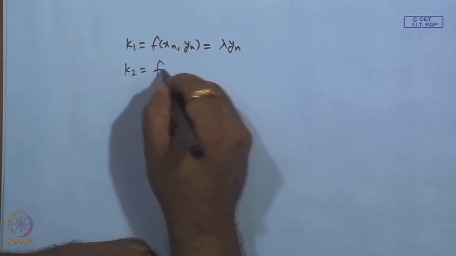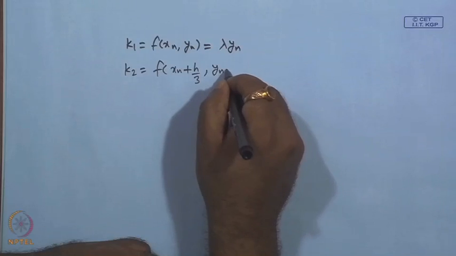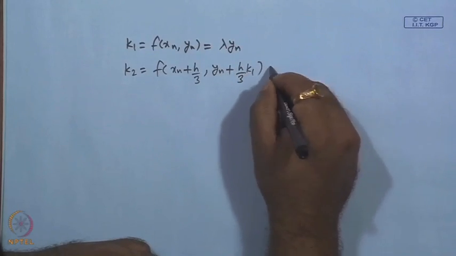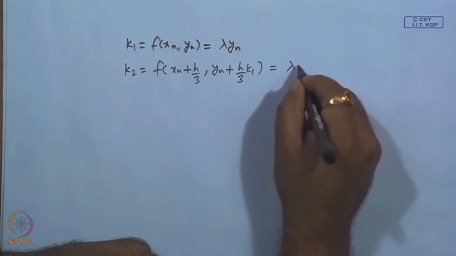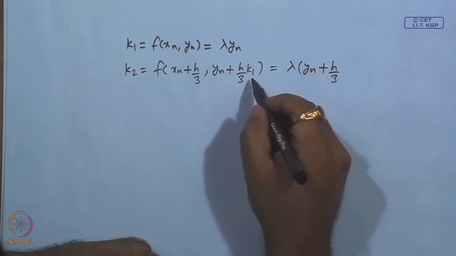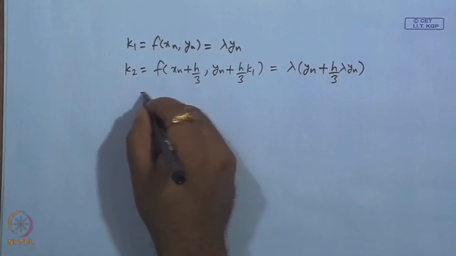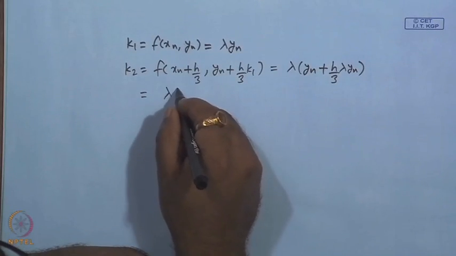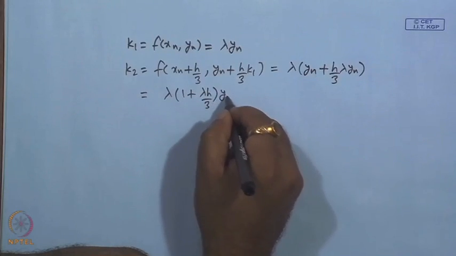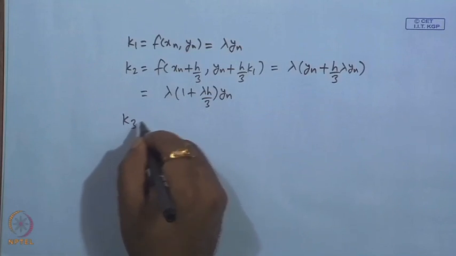k 2 is, so this will be lambda times y n plus h by 3 k 1. So, this is lambda times 1 plus h lambda by 3 times y n. Then k 3 will be lambda times y n plus 2h by 3 k 2.